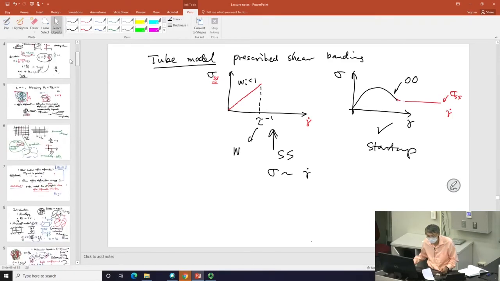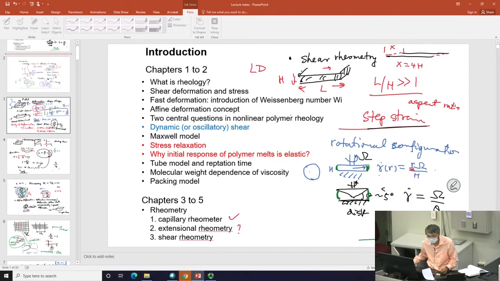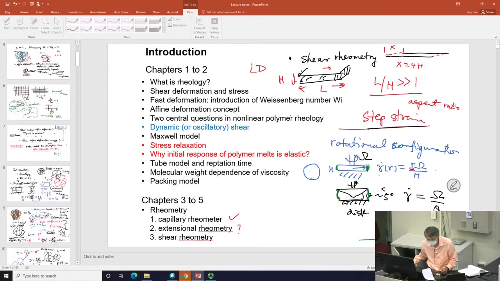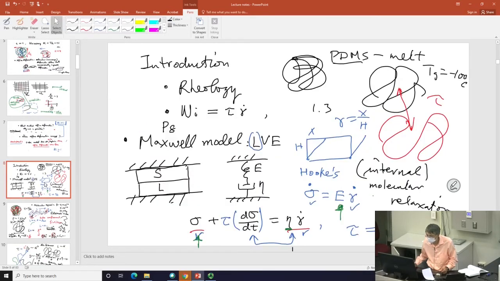I did have a little bit of even Maxwell. Do you still remember Maxwell, the discussion of? Indeed, when I discuss Maxwell, I should tell you I have an elastic behavior, that's this, and I have, what is this behavior?